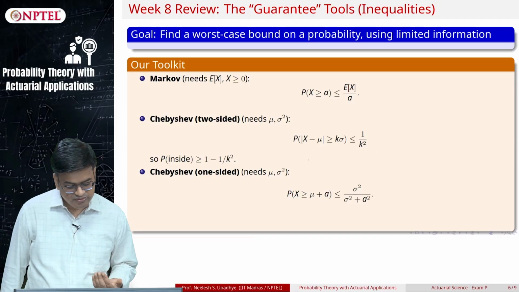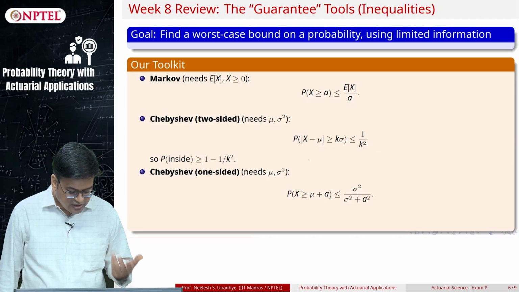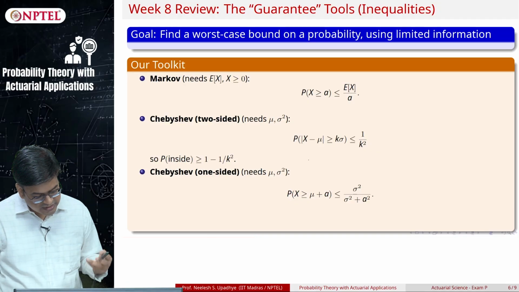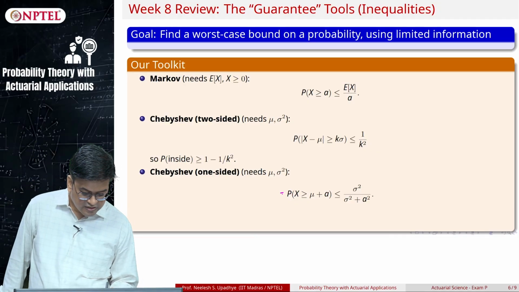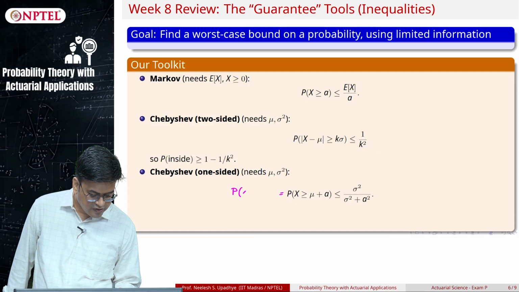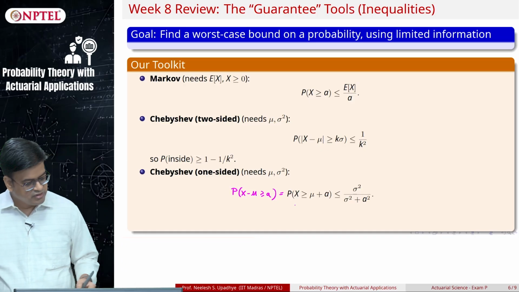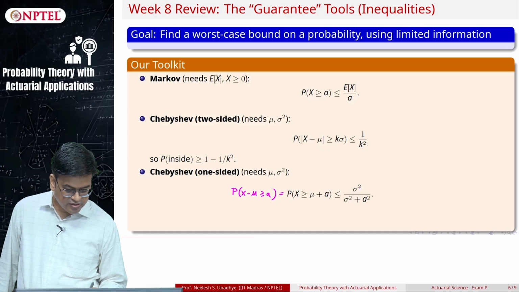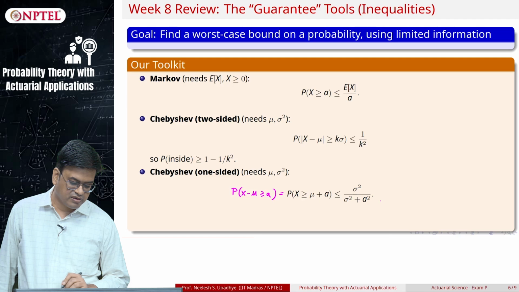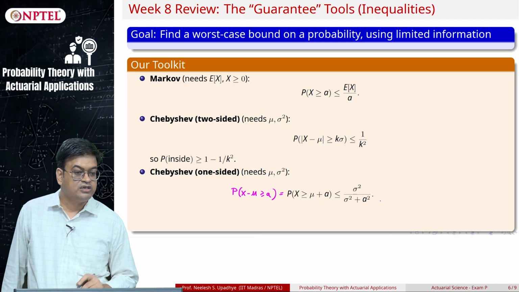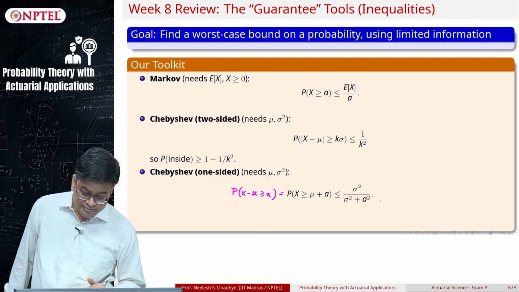I will again skip this proof, but it conveys an important message. Basically it says probability of x minus mu greater than or equal to a is going to be less than or equal to sigma square upon sigma square plus a square. Okay, so this is one-sided Chebyshev.